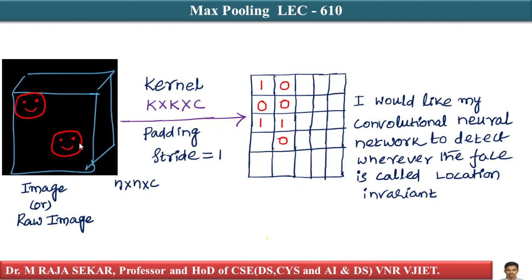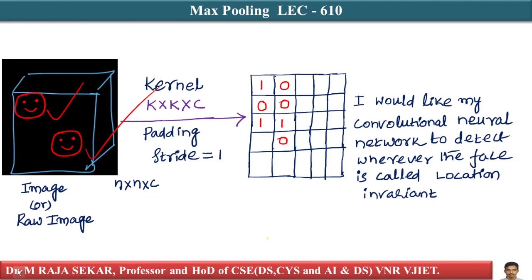Wherever the face is, your convolutional neural network must be able to detect there is a face here or here. It doesn't matter where it is.